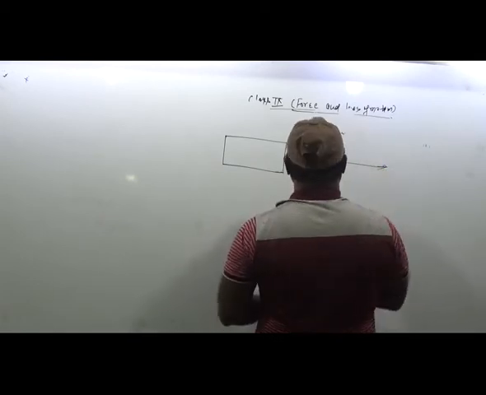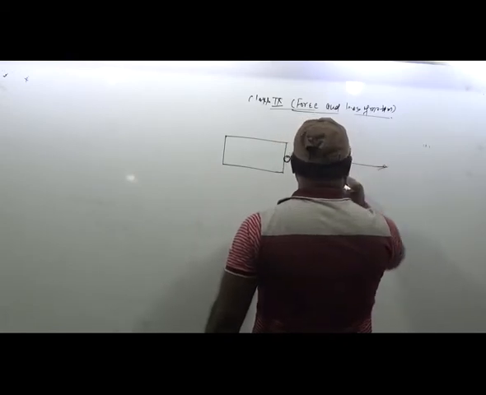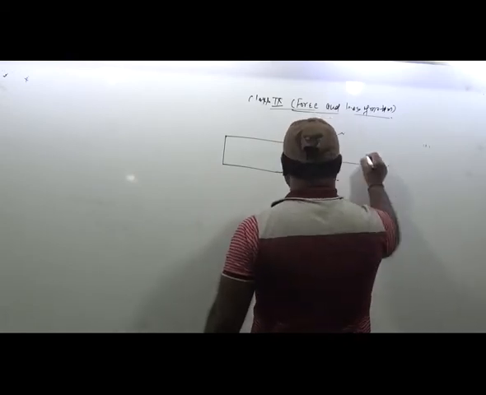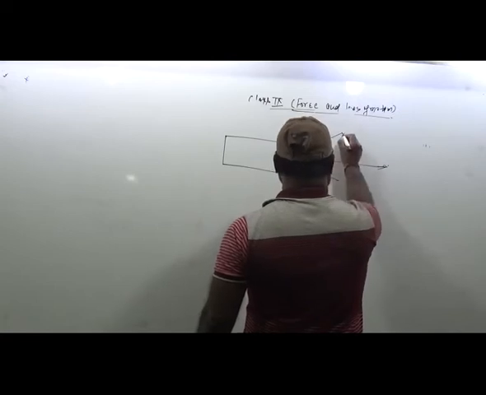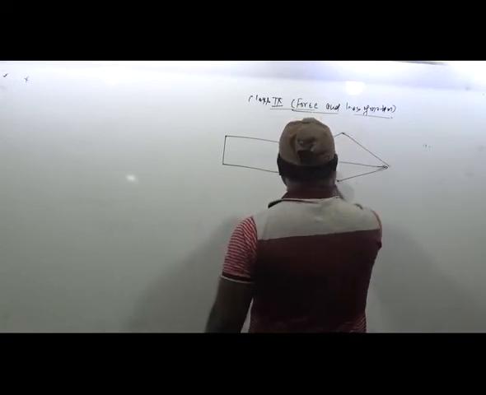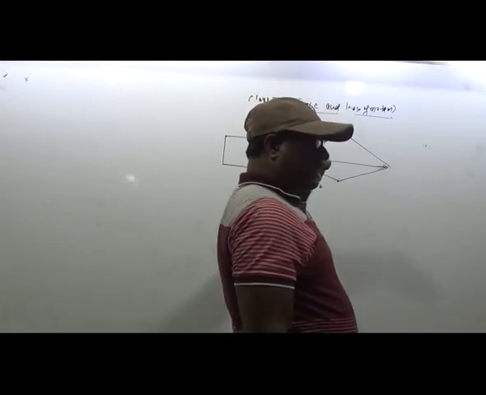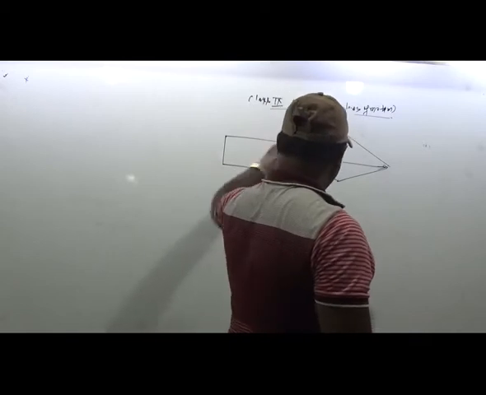If you complete it like a parallelogram, you can see the parallelogram here, and what is this? This is the diagonal. So this diagonal has the same effect. It will go like this.